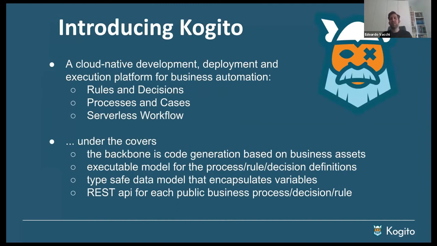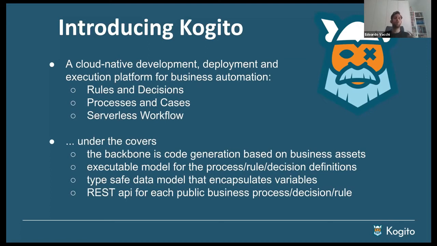So what is Kogito? Besides being a Latin motto and having something to do with knowledge, Kogito is the way we reimagine our state-of-the-art business automation platform by making it cloud native. We provide a plethora of different features, of different capabilities.